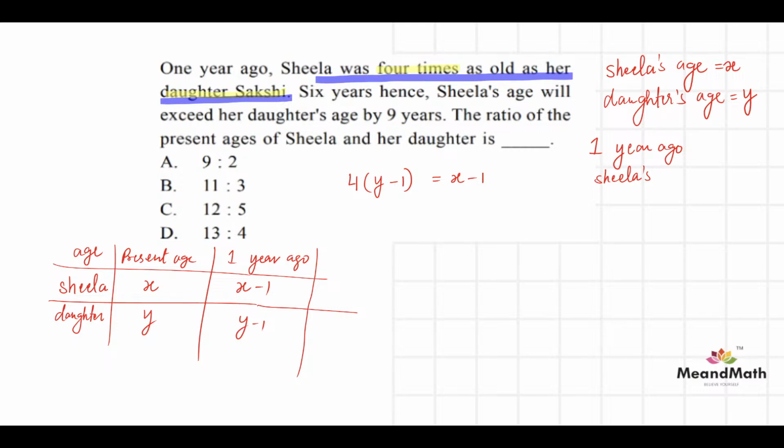This is the condition we have got from the statement. Because mother is 4 times, to make both of them equal, we are using the equality sign over here. To make them equal, we are making daughter 4 times.